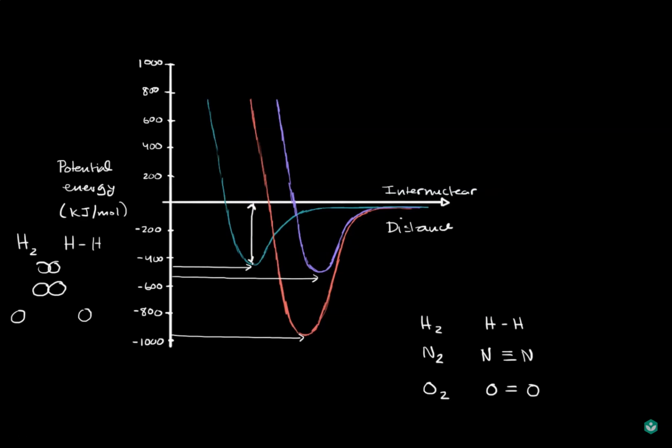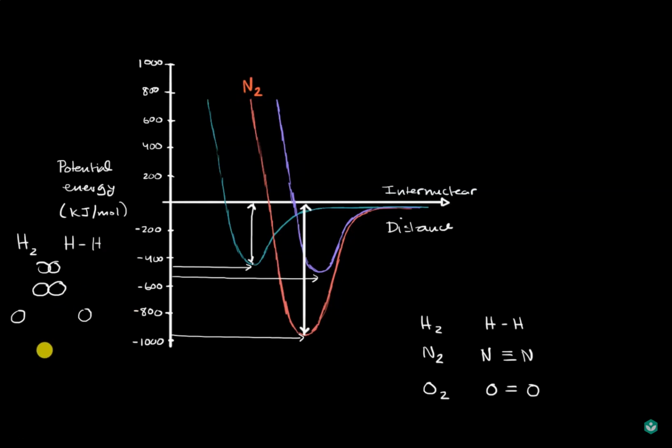Which of these is the graph of H2, which is N2, and which is O2? So let's first just think about it in terms of bond energy. If you look at the single bond, double bond, triple bond here, you would expect the highest order bond to have the highest bond energy. And the highest bond energy is this salmon colored one right over here. So just based on that, I would say that this is a good candidate for N2. This looks like diatomic nitrogen to me.